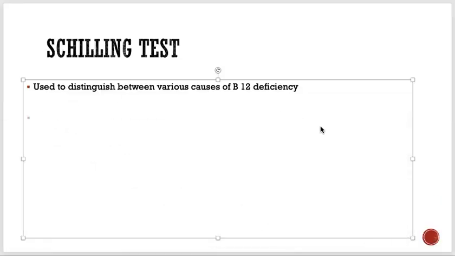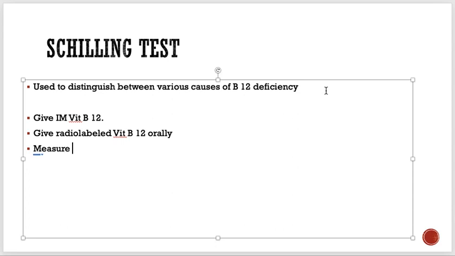So simply, number one step is give IM vitamin B12. Give radio labeled vitamin B12 orally, then measure the vitamin B12, of course radio labeled, in urine.